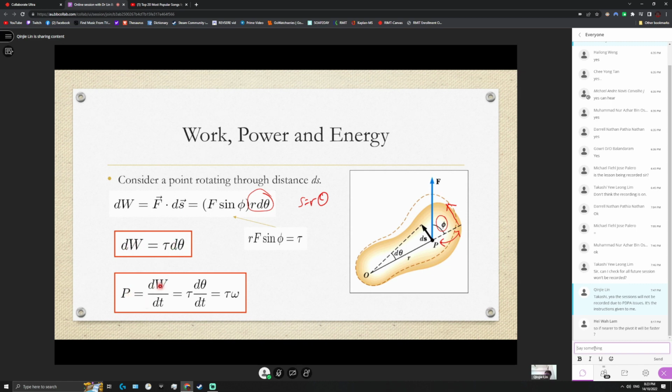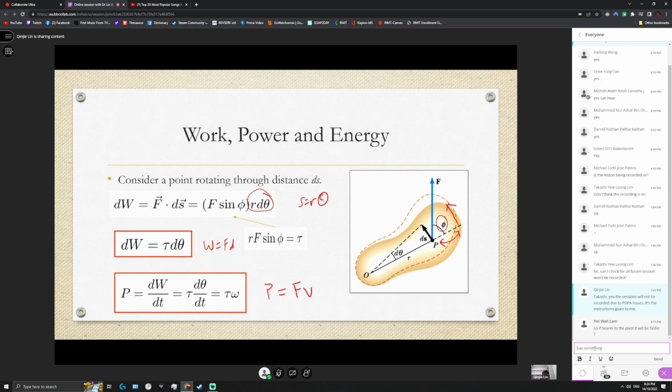And then for power, it is our work done divided by change in time. This work done you can split out again from here: tau d theta over dt. In the same manner, d theta over dt is going to give you your omega. So in the end, power also equals tau omega. Remember in our linear part, power equals force times velocity, and work done equals force times distance.